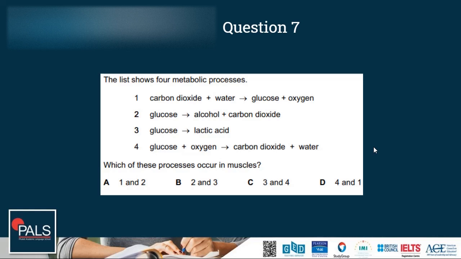Question number 7. The list shows 4 metabolic processes. 1, carbon dioxide plus water gives glucose plus oxygen. 2, glucose gives alcohol plus carbon dioxide. 3, glucose gives lactic acid. 4, glucose plus oxygen gives carbon dioxide plus water.